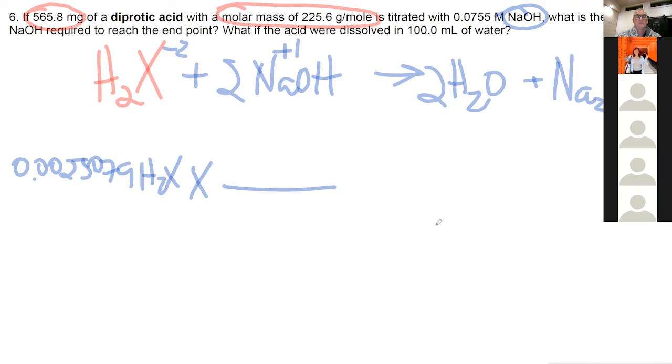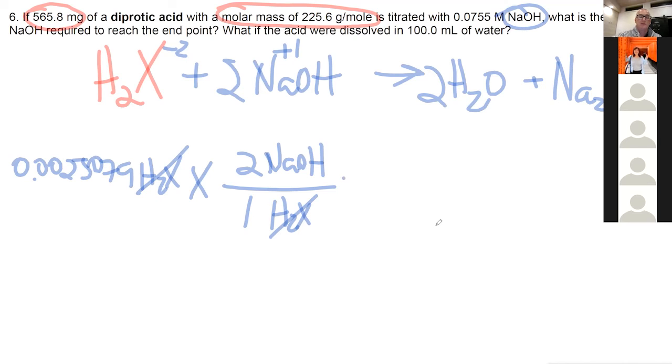The base, my sodium hydroxide. There's 2 moles of sodium hydroxide for every 1 of H2X. That gets rid of my moles of H2X, and now I have moles of sodium hydroxide.